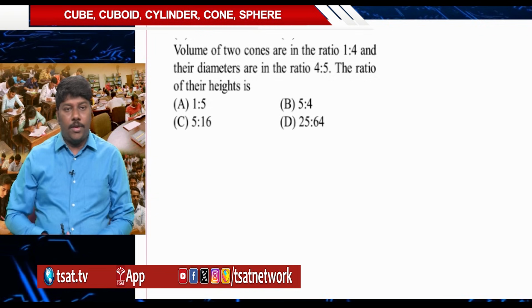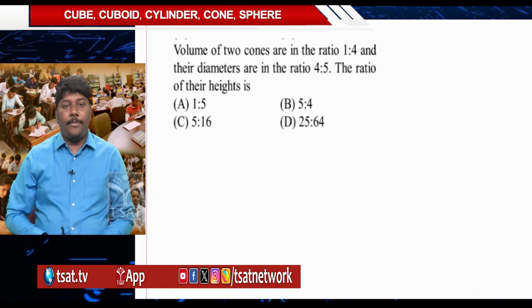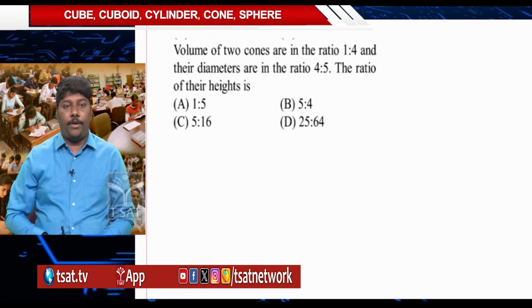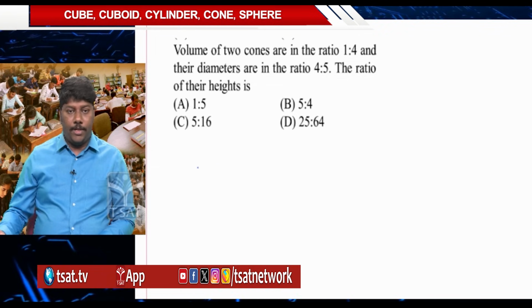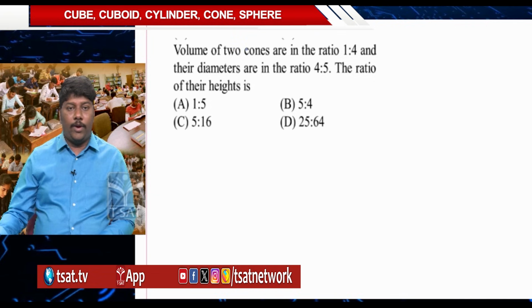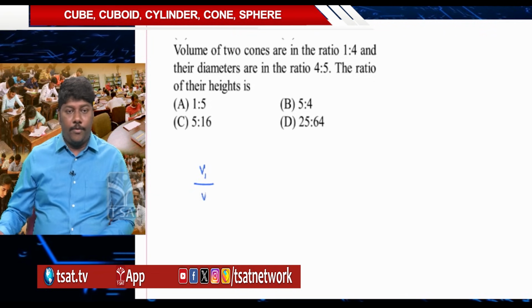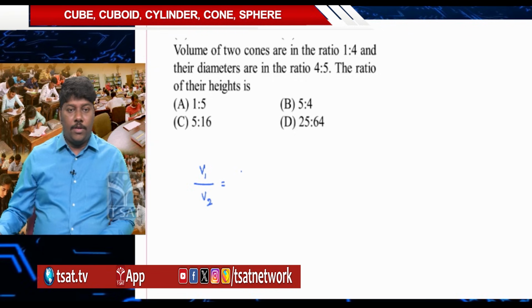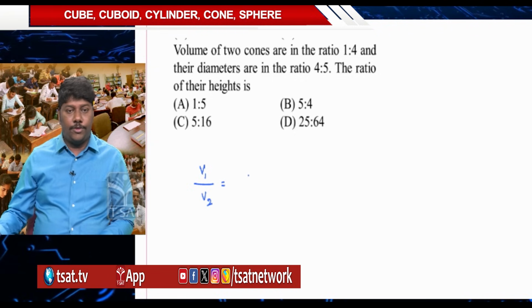Look at the next one. The volumes of two cones are in the ratio 1:4 and their diameters are in the ratio 4:5. Find the ratio of their heights. He is asking you about two cones. Let it be R for cone 1 and cone 2. Volume 1 by volume 2 is equal to, let's take out all the constant terms, because there is no use of taking pi by 3.